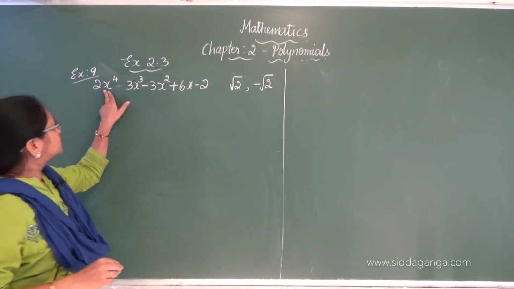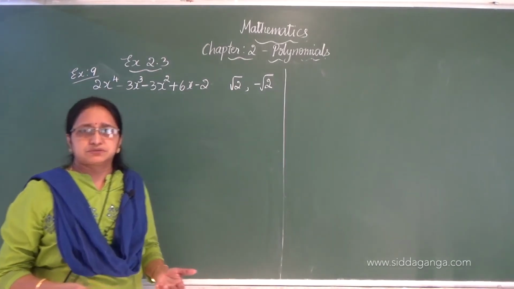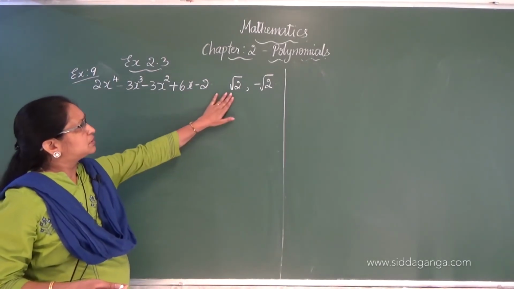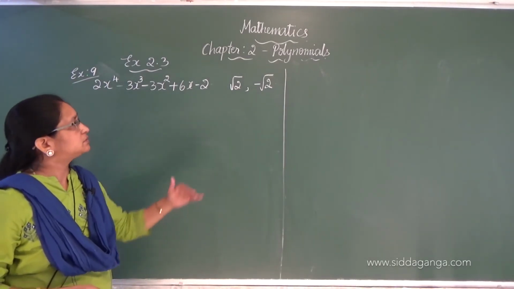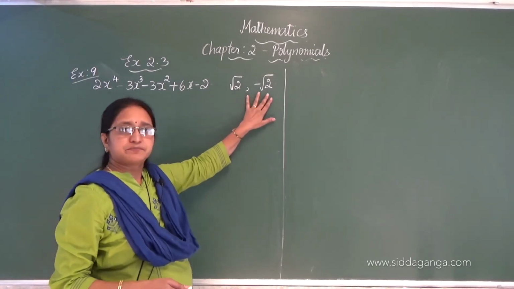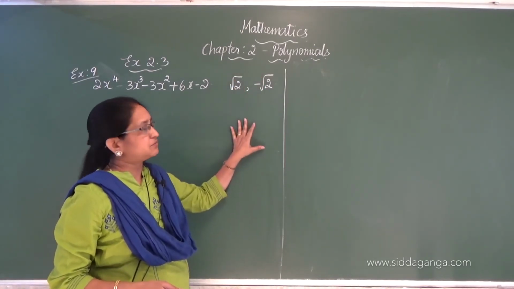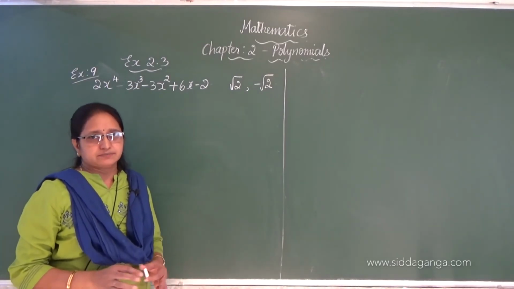So, how many zeros do you expect for this problem? 2 zeros are there, 2 more zeros, at the most I told you it will be having 4 zeros. Now, 2 zeros they have given, by using this we have to find out 2 more zeros. I hope it is clear.